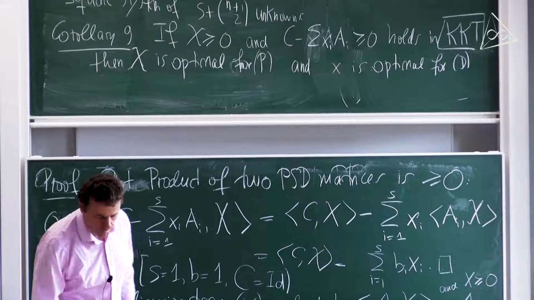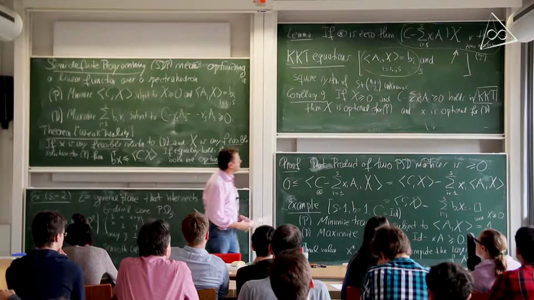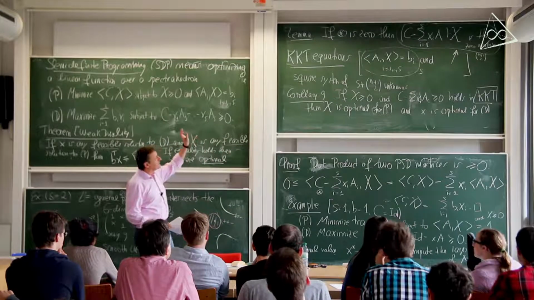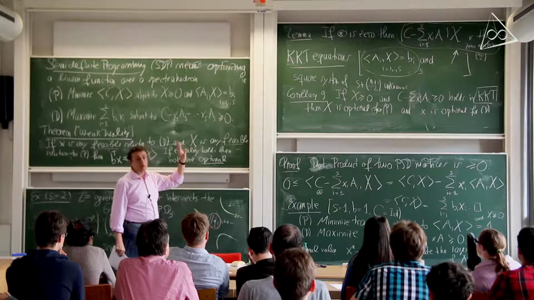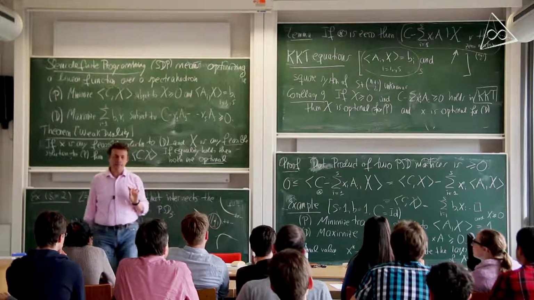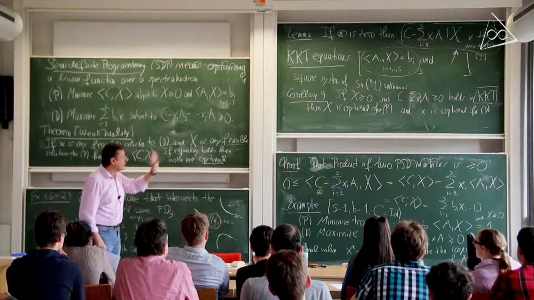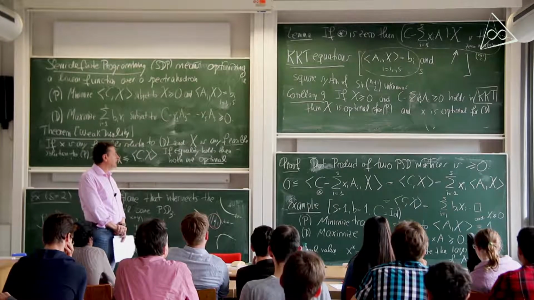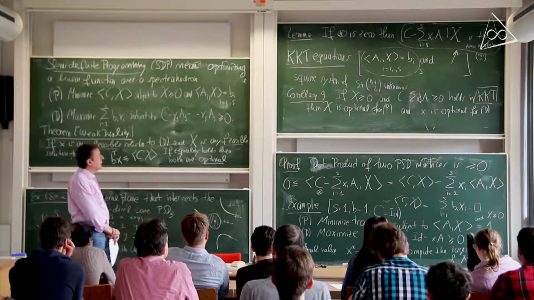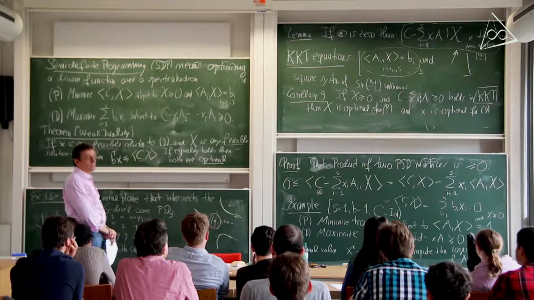This follows from what we just discussed. So the KKT condition says that the square system of almost linear polynomial equations is satisfied, and the two positive semi-definite conditions are also satisfied. If we have such a solution, then we have a pair of optimal solutions.